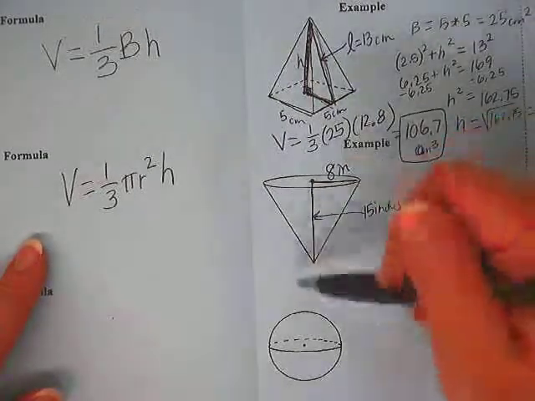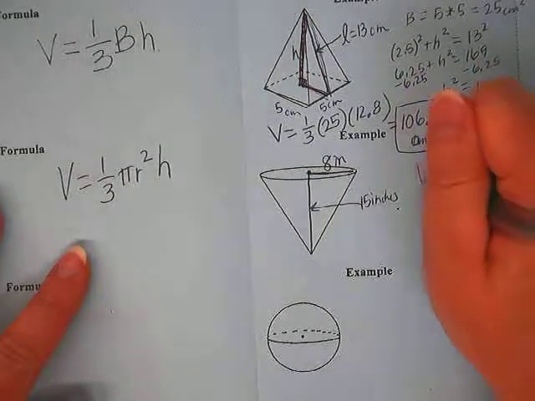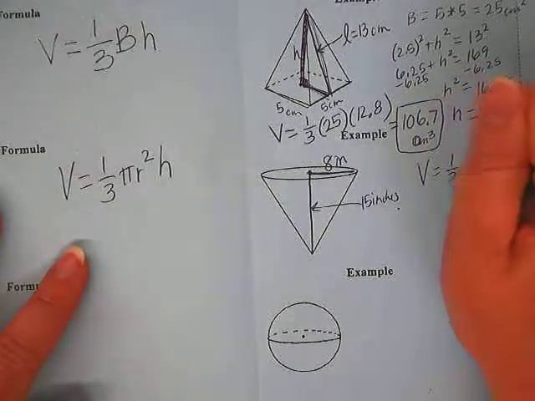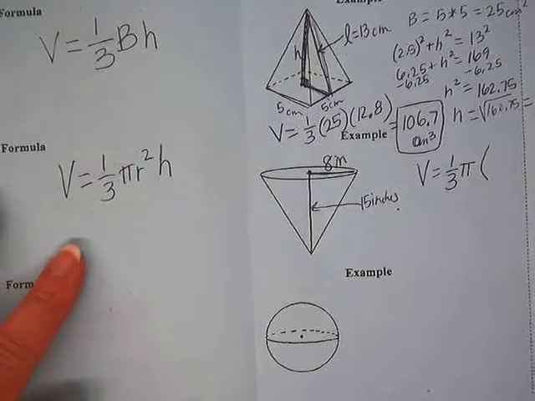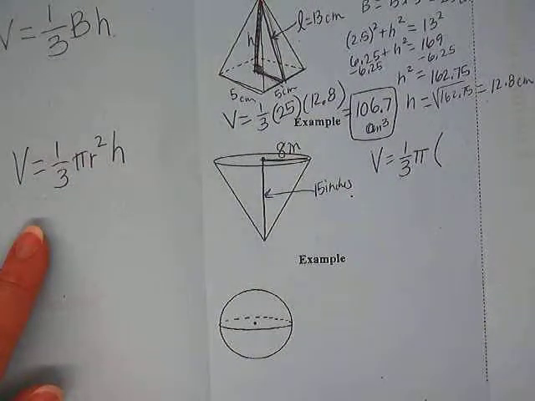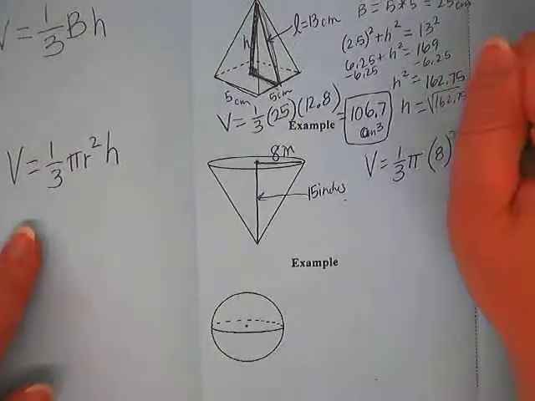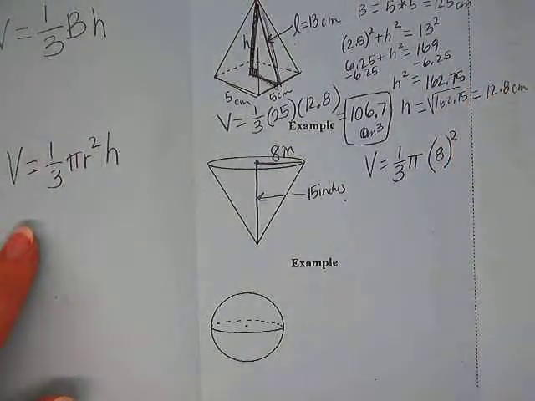Did I give you the slant height this time or the height? The height. That's good, right? We don't have to find the slant height, but we could find it if we needed to. If they gave us the slant height and we needed to find the height, we could just use Pythagorean theorem again. Okay. So volume is 1/3 pi.